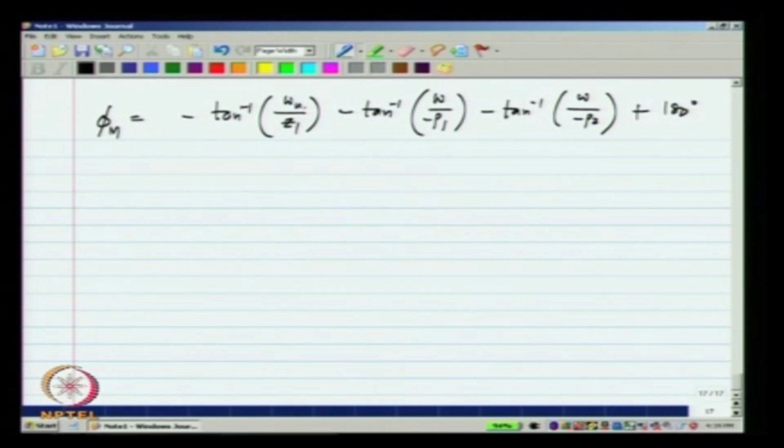This is the omega u loop, unity loop gain frequency. That is where the phase margin is measured, and the unity loop gain frequency is gm1 by c, and the zero z1 is at gm2 by c. Okay. So, the first term is minus tan inverse of gm1 by gm2. Okay.